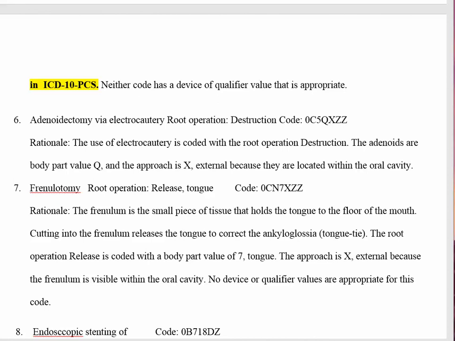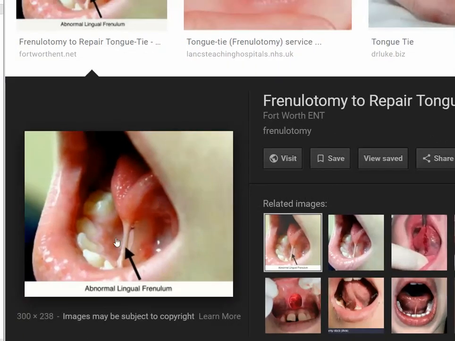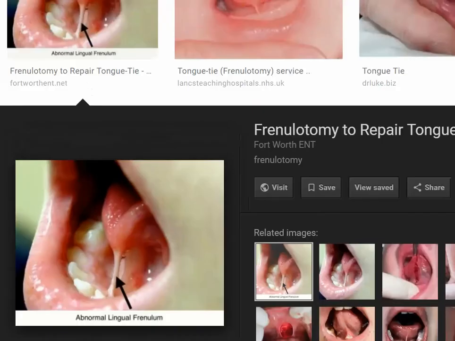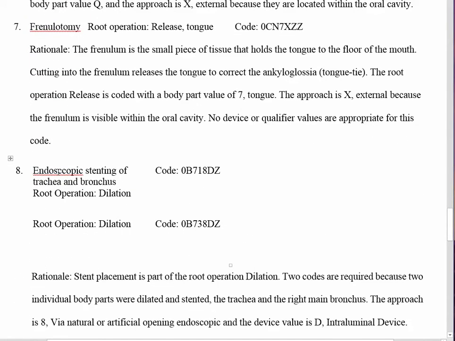That's exactly what they're doing in this particular procedure. They're cutting this to release it so that this child's tongue will work in the correct way. Release is our main term. Anatomical location is tongue. We go through the coding steps. We end up at 0CN as in Nancy, 7XZZ. Looks like I have some misspelling here.